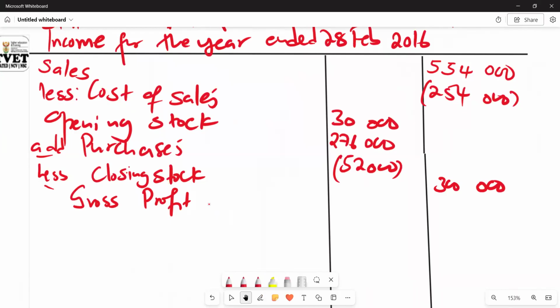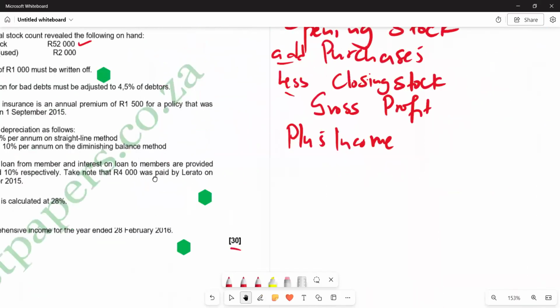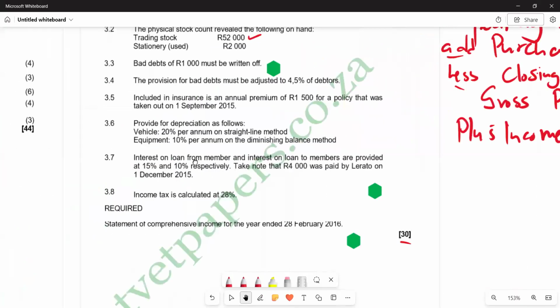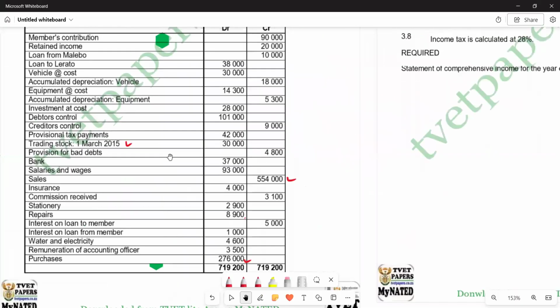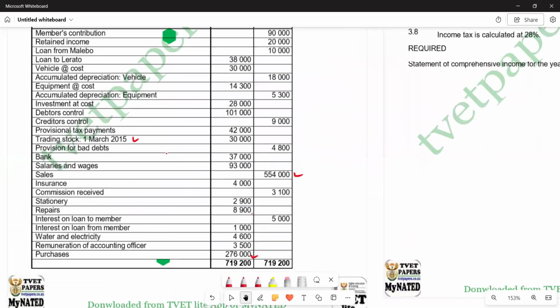So after that, we now add income. We are just saying plus our income. So we go to the question and check all the income that is listed in the trial balance, and you will check additional information for any additional income that we have there.